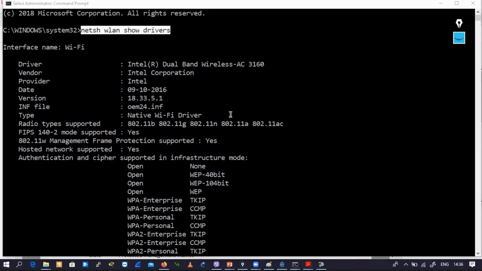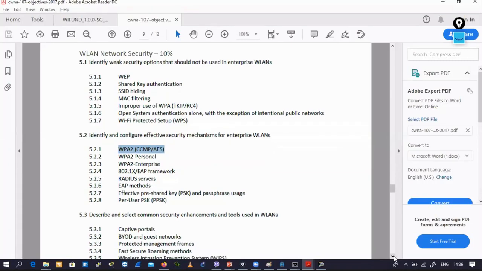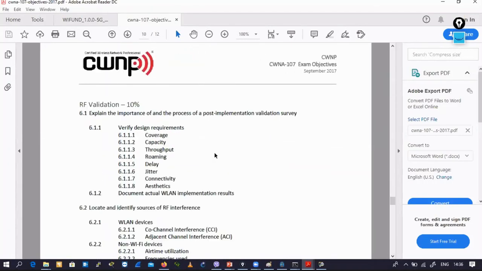So I hope everyone enjoyed this session. This session is very straightforward, sir. Straightforward means it is about the wireless basics. In radio frequency validation, in front of you, you can see the coverage, the capacity, the throughput, the roaming, and how many types of roaming we have. We have intra roaming, inter roaming, and inter L3 roaming.